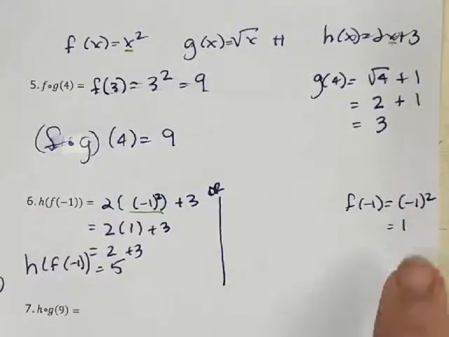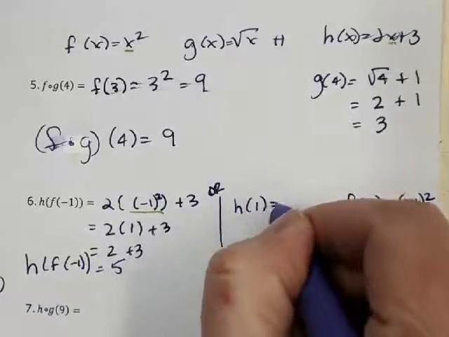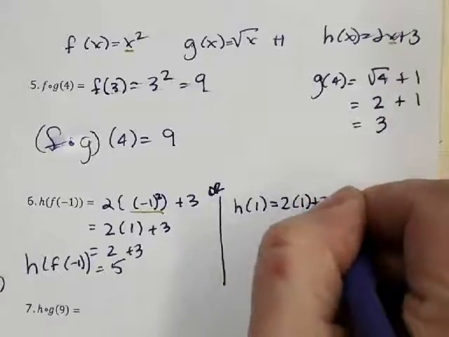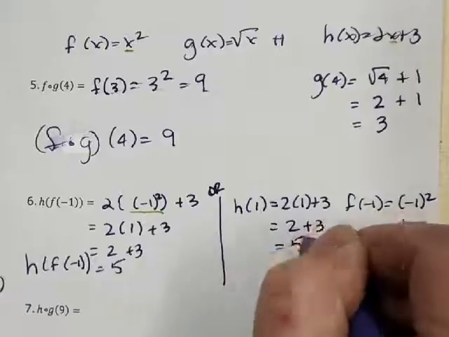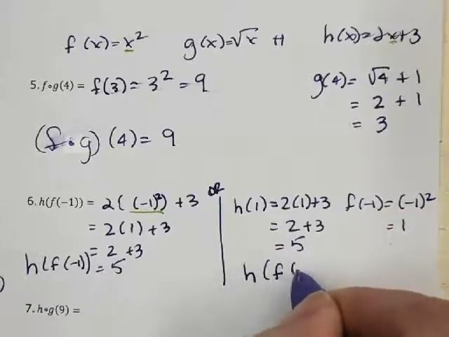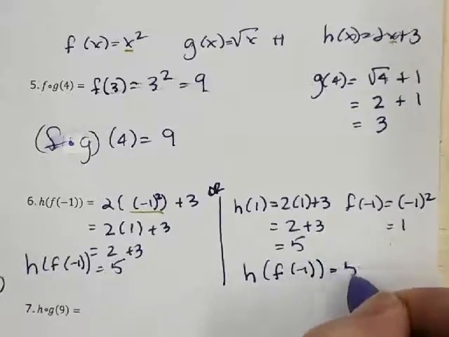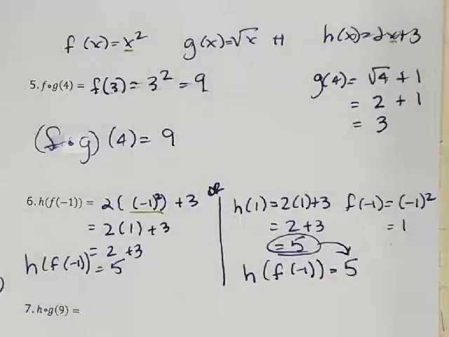And then I would plug that into my h function. And my h function is 2x plus 3. 2 times 1 is 2. 2 plus 3 is 5. And I still get 5. It's whatever way you want to do it.